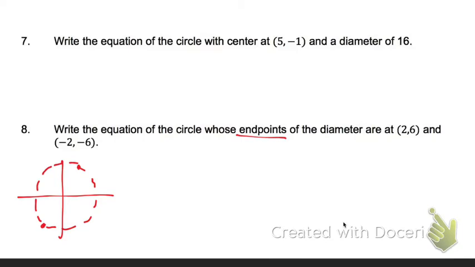I want to find the midpoint, which looks like it's (0, 0), but we can verify it with the midpoint formula. And then I want to find the radius, which is just half of the distance. So I need to find the distance between the two and then cut that in half.